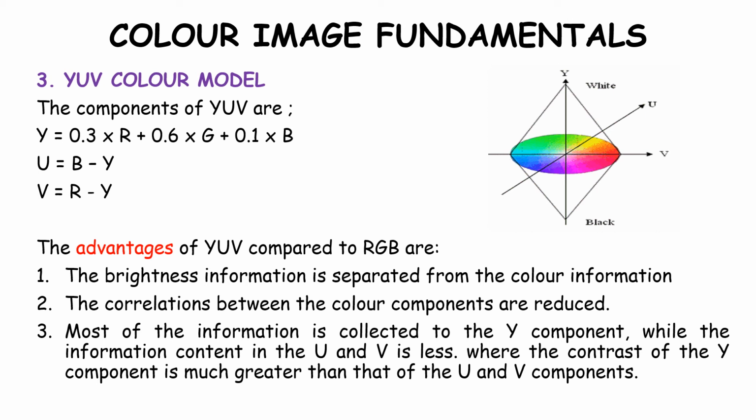The latter two properties are beneficial in image compression. This is because the correlation between the different color components is reduced. Thus each of the components can be compressed separately. The YUV color system is adopted in the JPEG image compression standard.